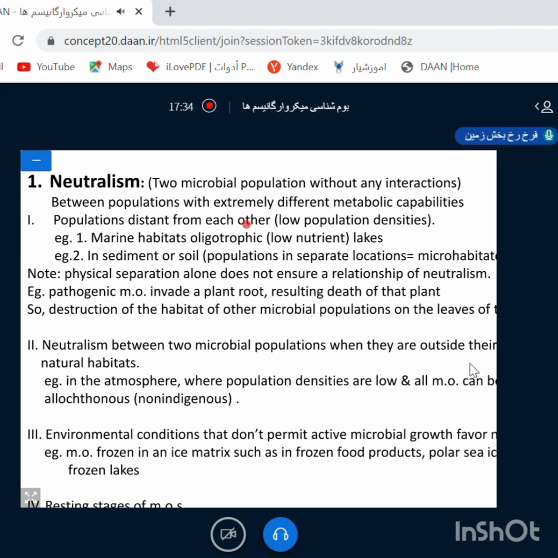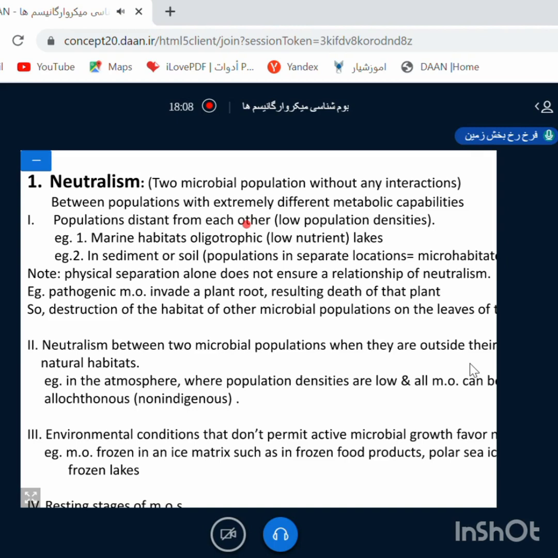Or suppose in a habitat, in soil, one population is in one place and another population in another place. They are far from each other. When they are far, their interactions tend to neutralism. But it is not 100%, it is 99% so.